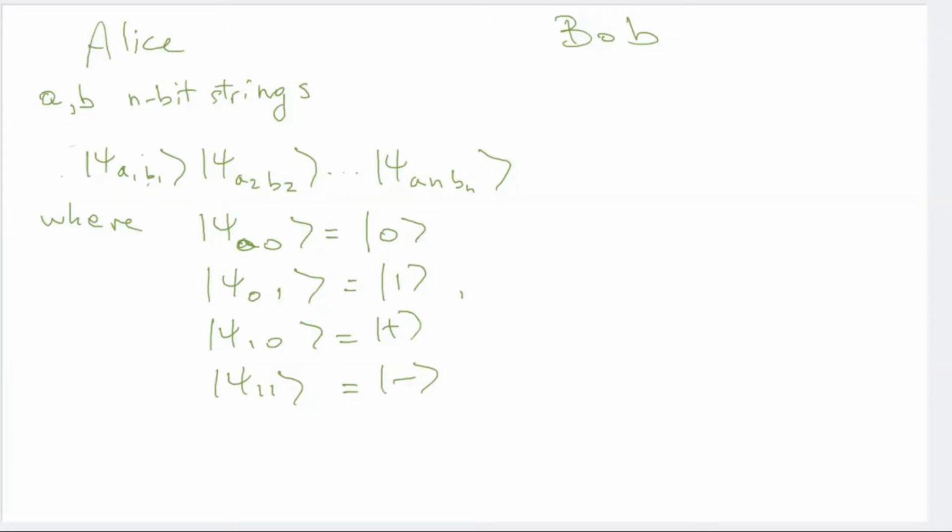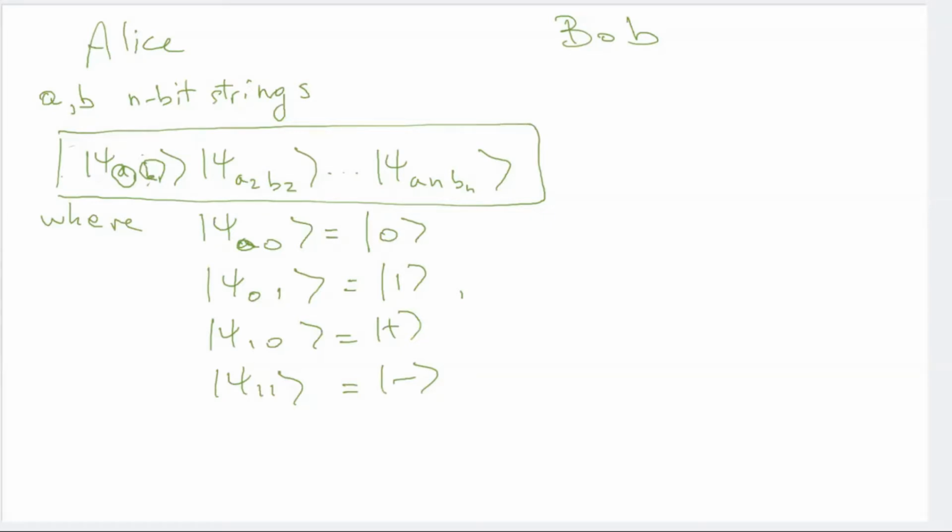Does this state make sense? The Ais tell me the basis choice, Hadamard or standard, and the Bi tells me whether I have the 0 or plus, or the 1 or minus.